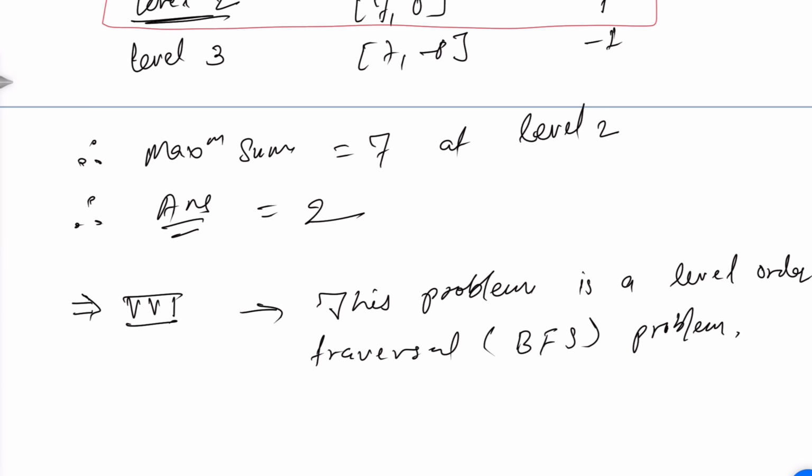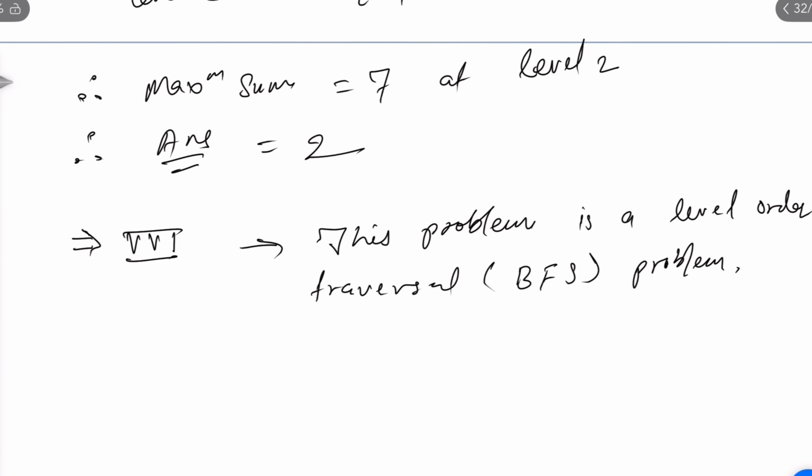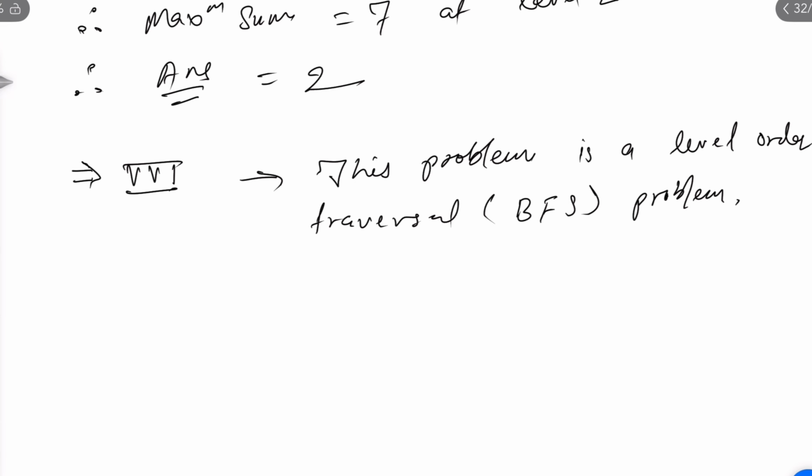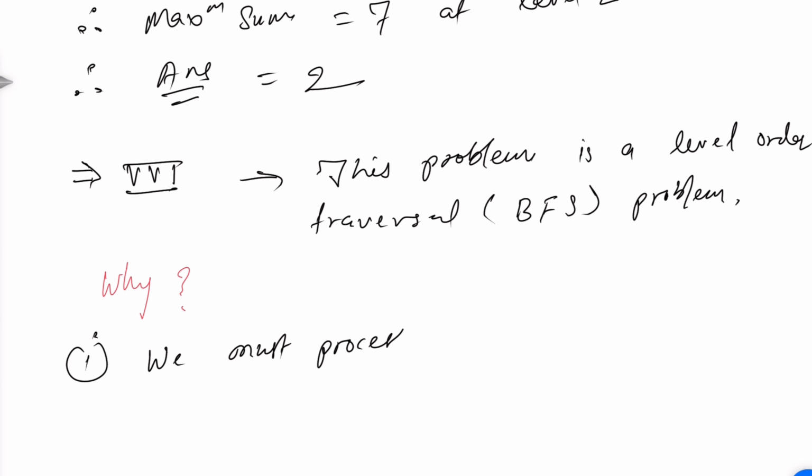We have seen that, if you ask why, I can say the very first thing is that we must process the nodes level by level, because of the question's constraint.